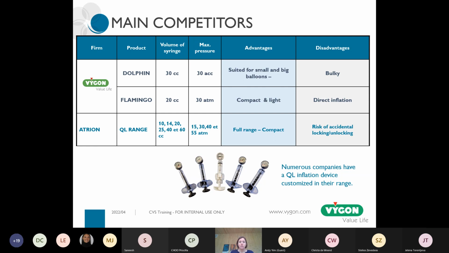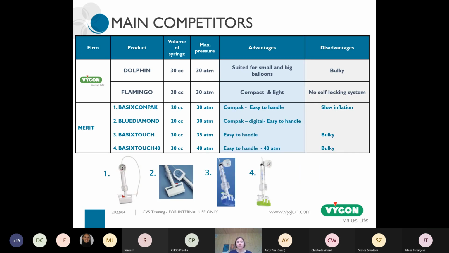And you will see that numerous companies have a QL inflation device customized for the company in the range. So we'll see this inflation device in numerous companies. Then we have Merit.